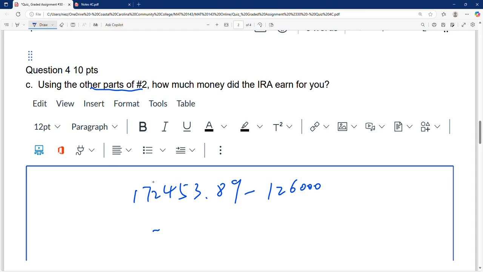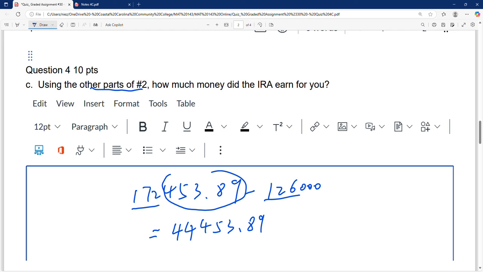So 172 minus 126, you will get how much? It's 46. Then you just copy the rest of the digits: 453.89. If you get question 2 wrong, then question 3 cannot be right.